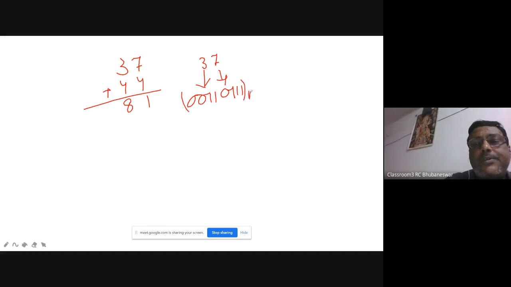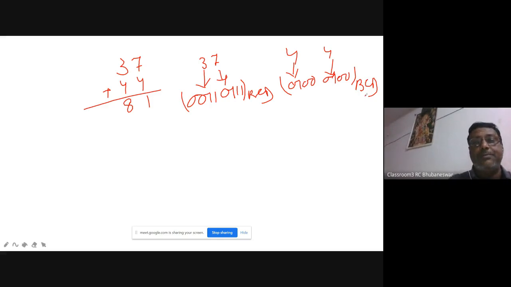This is in BCD. Similarly, 44: 4 is 0100, again 4 is 0100. This is in BCD. So when addition takes place, we'll have 0011 0111 plus 0100 0100.